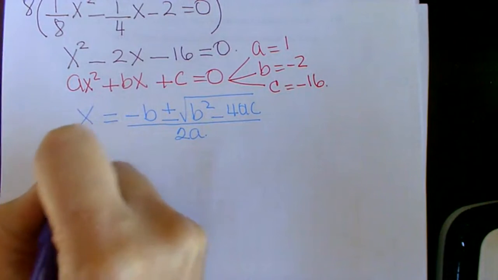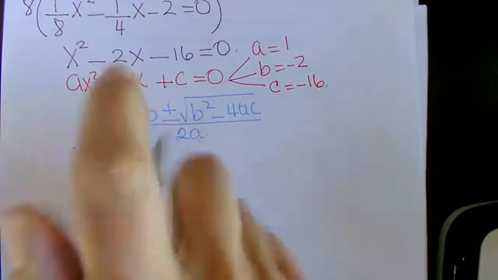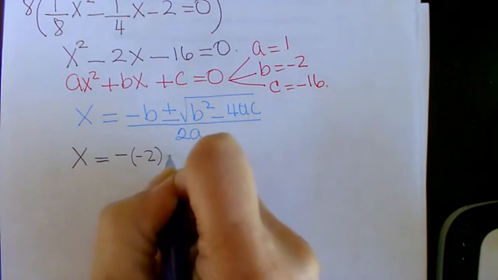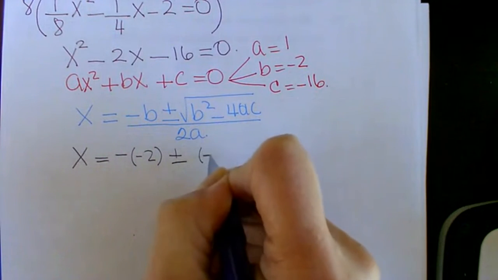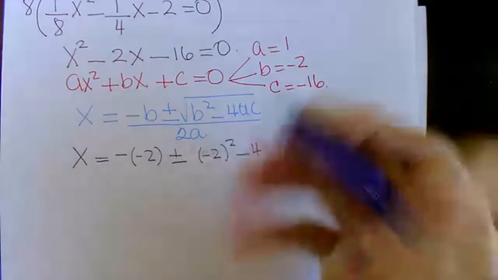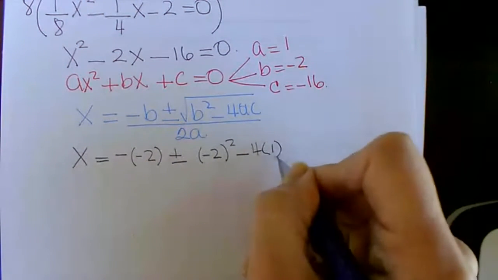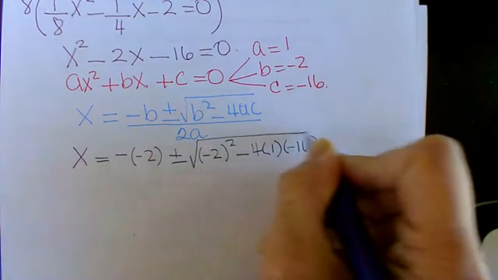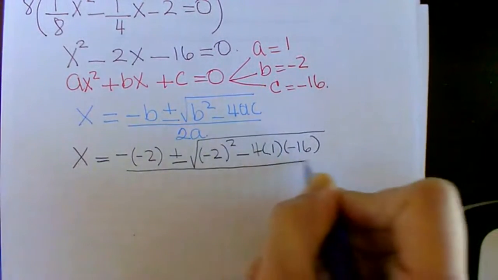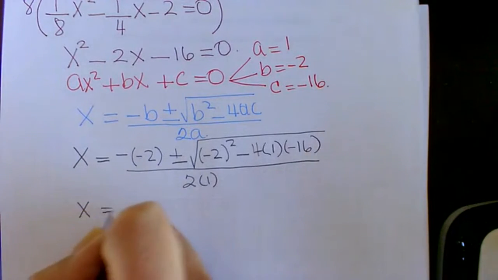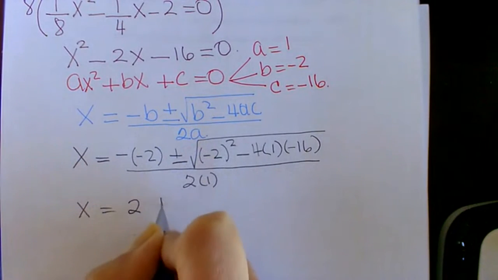So what you needed to do was negative b, plus or minus the square root of b squared minus 4ac, divided by 2a. That's what you need to do. This is going to be positive.